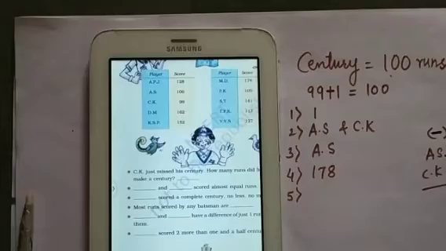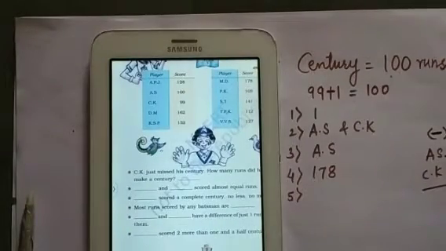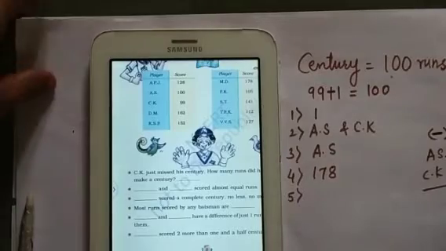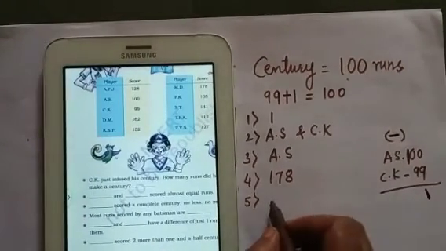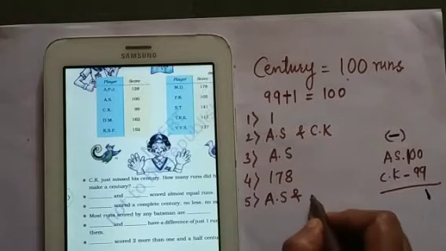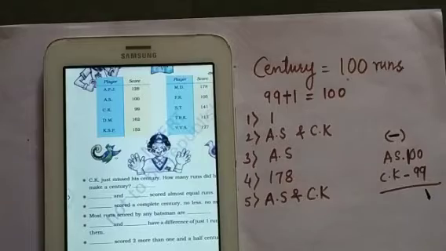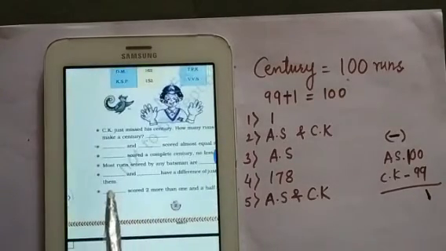When we see this, we understand that there is only a difference of 1. So the answer is, AS and CK have a difference of just 1 run between them.